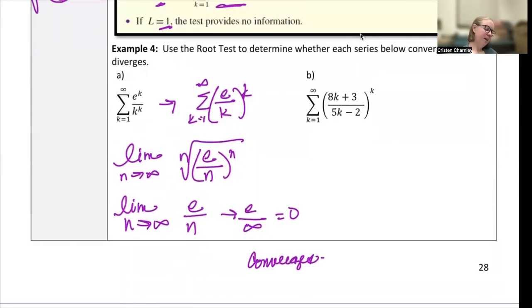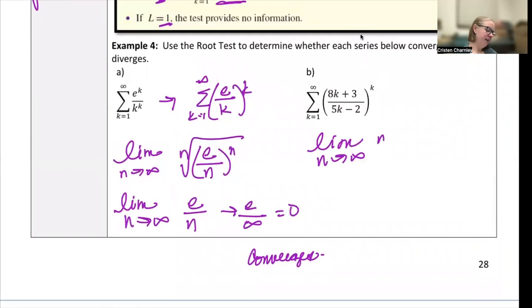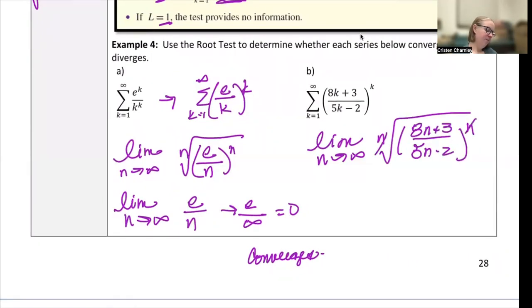Letter B is already written to the k power, so you can find the limit as n approaches infinity of the nth root of (8n plus 3) over (5n minus 2) to the nth power. The n's cancel out. We'll put infinity in place. Oh, well, let's read it.